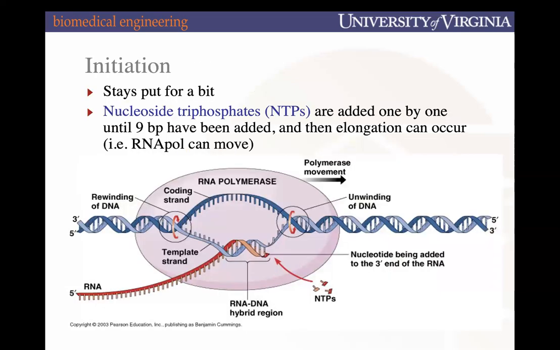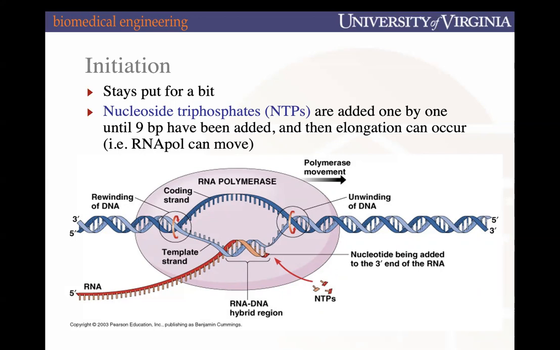So during the initiation of transcription, RNA polymerase will bind, and it'll actually stay put for a bit as there's the initial RNA-DNA hybrid, the initial formation of the mRNA transcript.